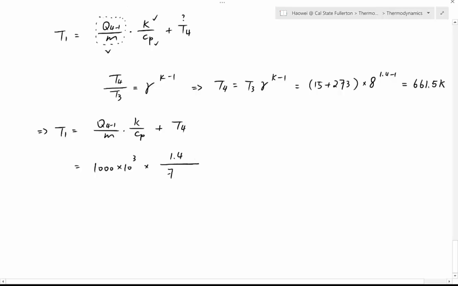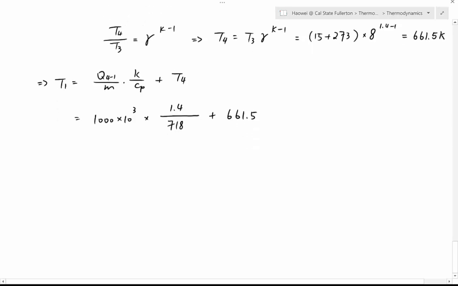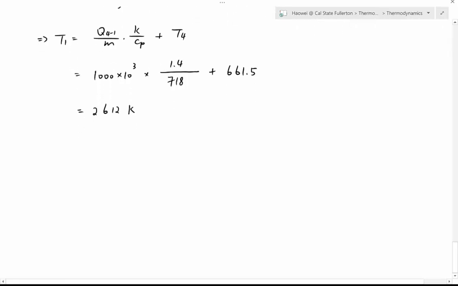Cp is given 718 in SI unit. Plus T4, 661.5 Kelvin. So the solution for T1 is 2612 Kelvin. It must be SI unit Kelvin. So now I have T1, part 2 solved.